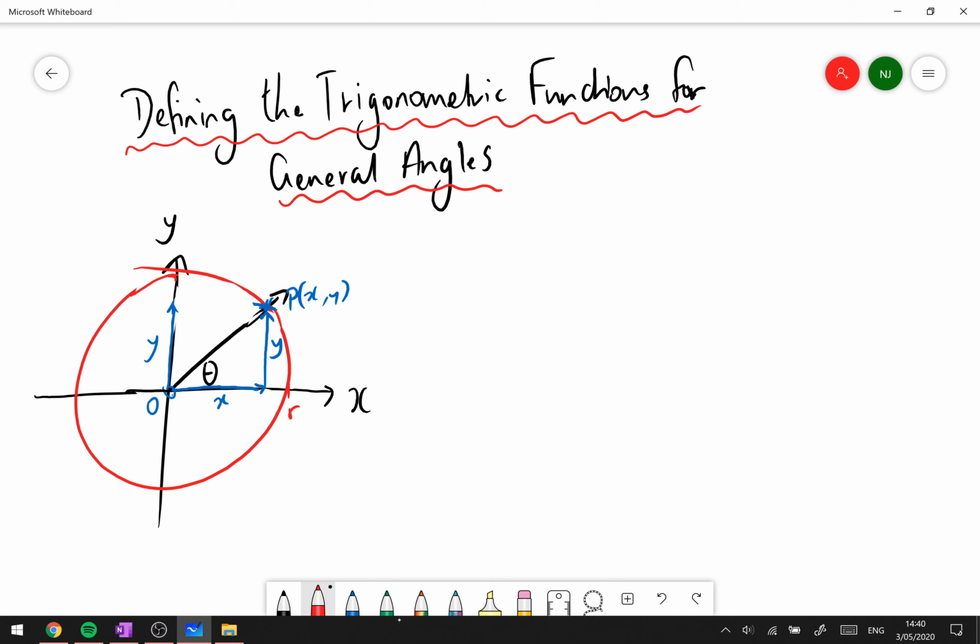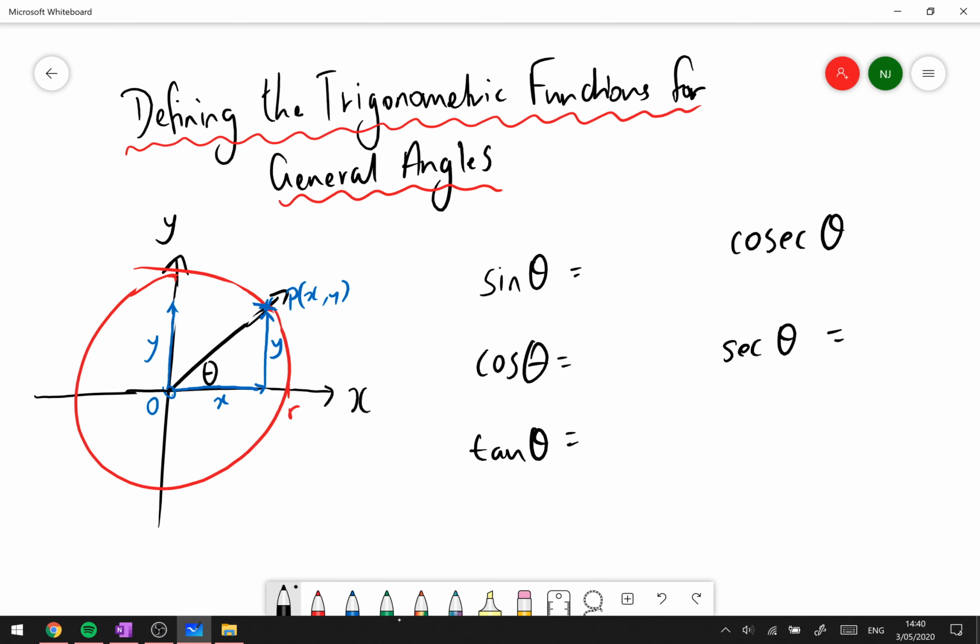We can define our 6 trig ratios: sine theta, cos theta, tan theta, and we can also define our new ones: cosec theta, sec theta, and cot theta, using this circle and this new triangle.